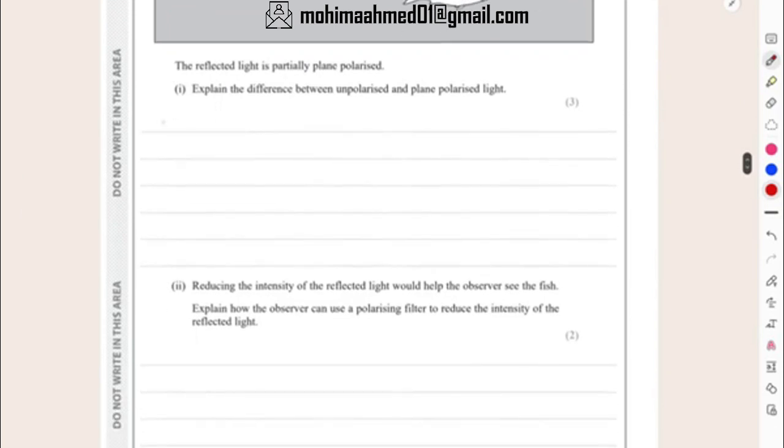So let's start that. Unpolarized light has vibrations in many planes, as you saw in the diagram, right?